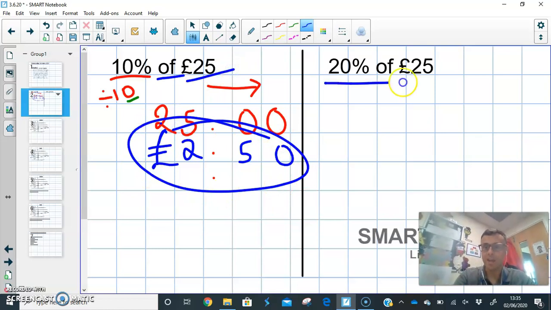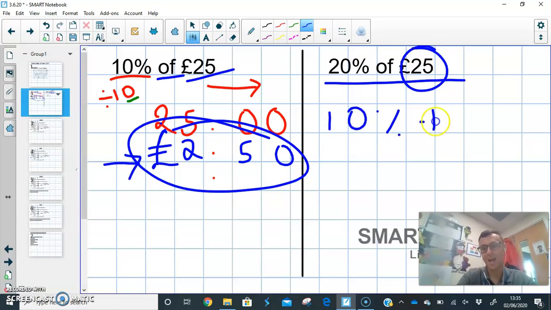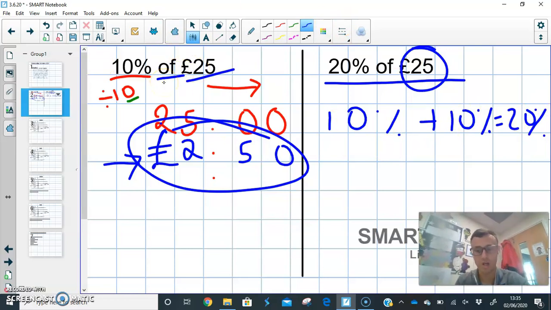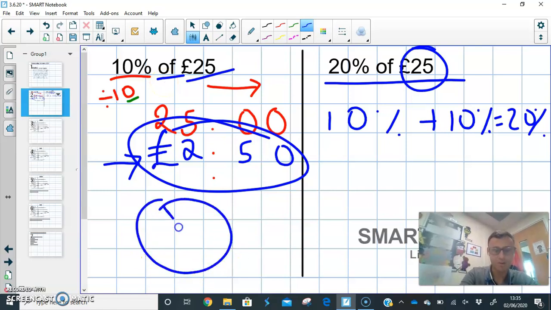Then 20%. Hold on a second, if I know 10% is £2.50, 10% add 10% makes 20%. And it's not the case of dividing 25 by 20. It doesn't work like that for percentages. If I know that I need 10%, so 1, 2, 3, 4, 5, 6, 7, 8, 9, 10, one of those is 10%, so two of those is 20%.